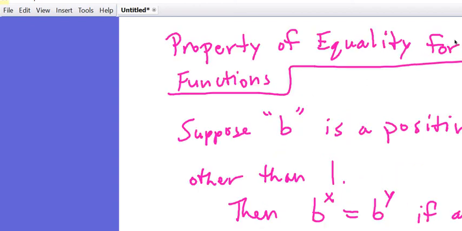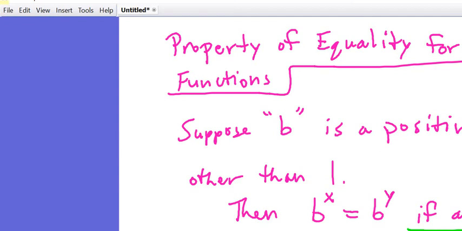So, the property of equality for exponential functions is the rule that allows us to do what we've been doing. The formal rule is, suppose b is a positive number other than 1, then b to the x equals b to the y if and only if x equals y. And that if and only if statement is very common in math. It is very important. It says that if I'm proving this property in a mathematical proof, I would have to prove 2 things.